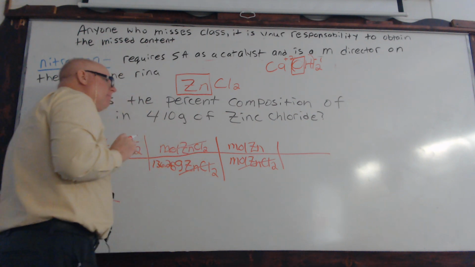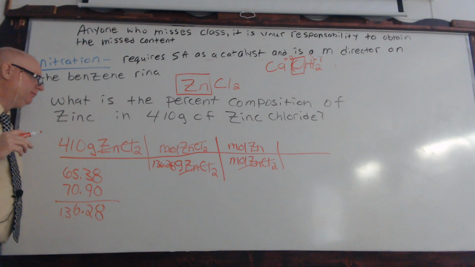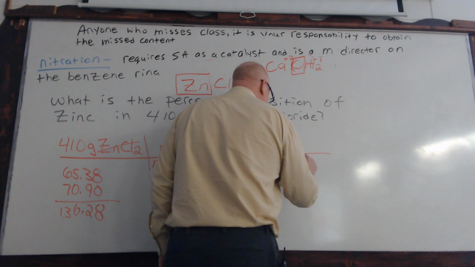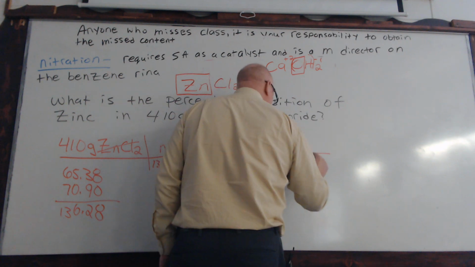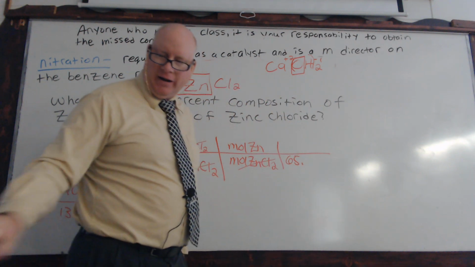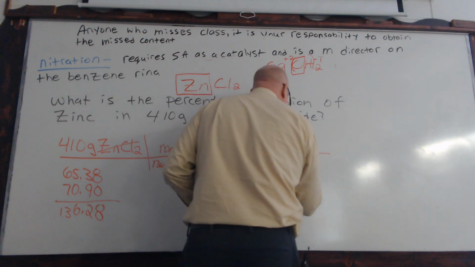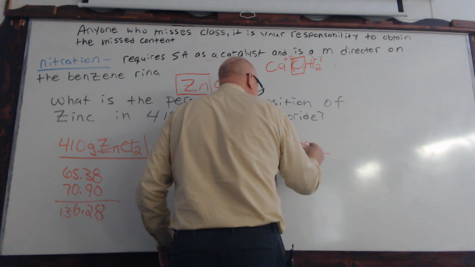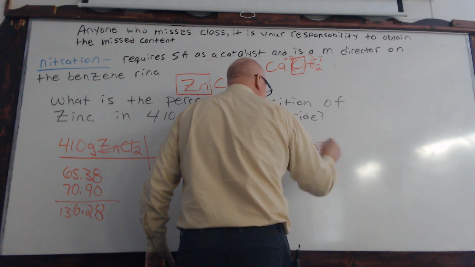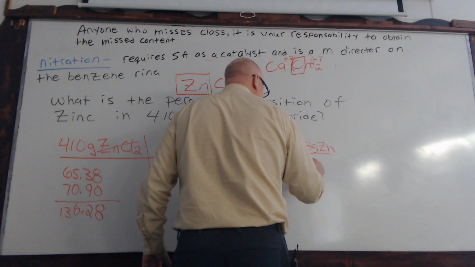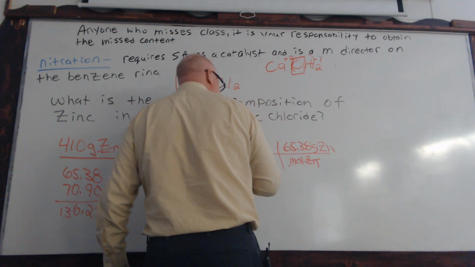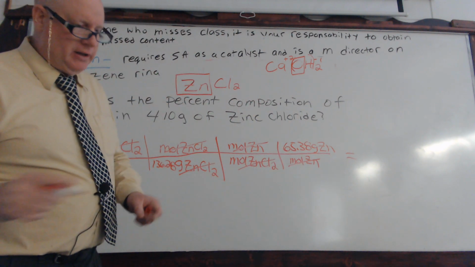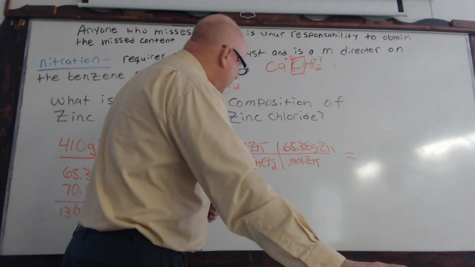Now we need to find the mass of zinc in that problem. 65.38 grams of zinc is what you get for every mole of zinc. Notice they're gone. Okay. So then, once we get that answer, then we'll tell you where the percent composition comes from.